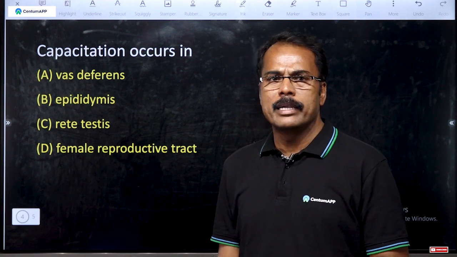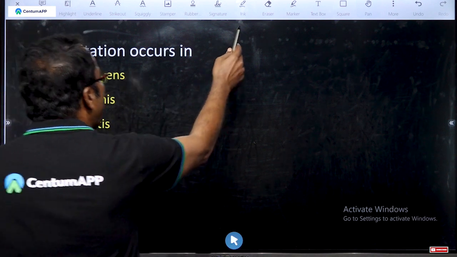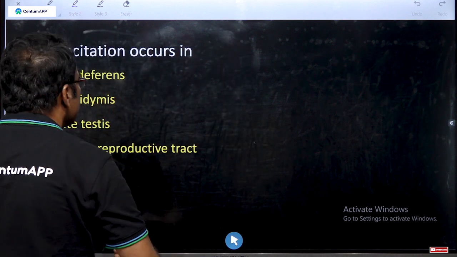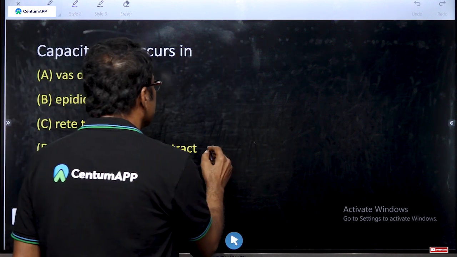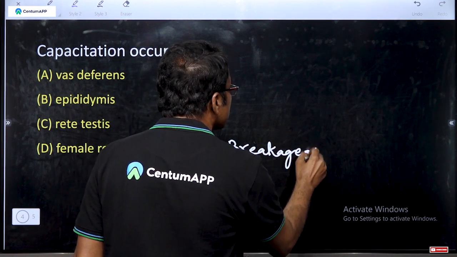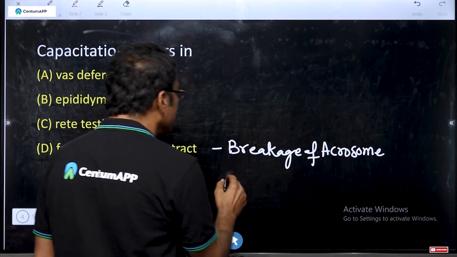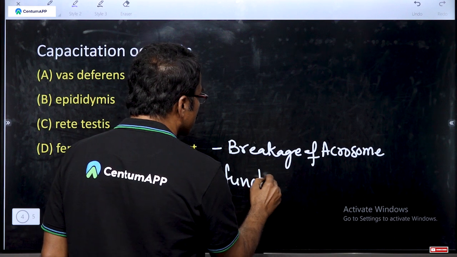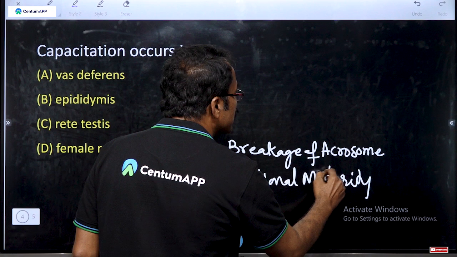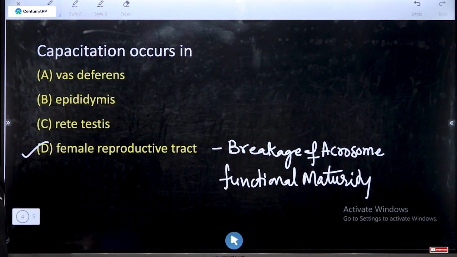So, the acrosome will be denatured and changed, that is, the breakage of the acrosome and functional maturity takes place in the female reproductive tract. So, capacitation occurs in the female reproductive tract.